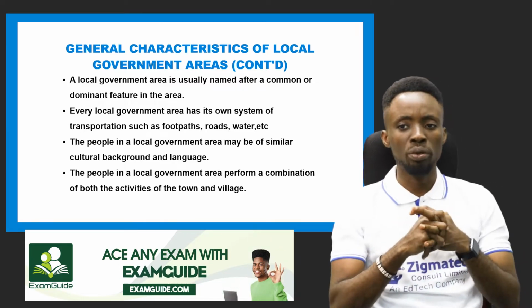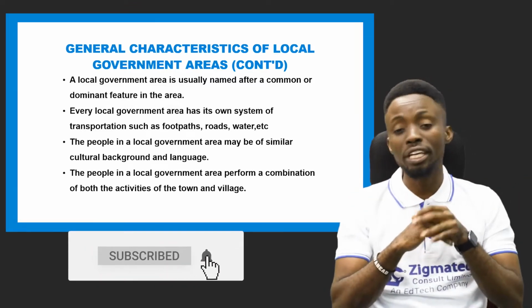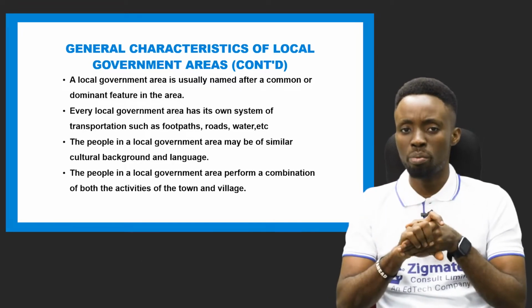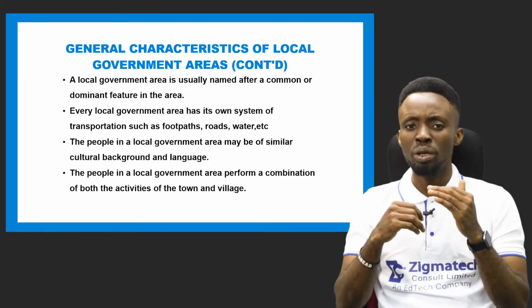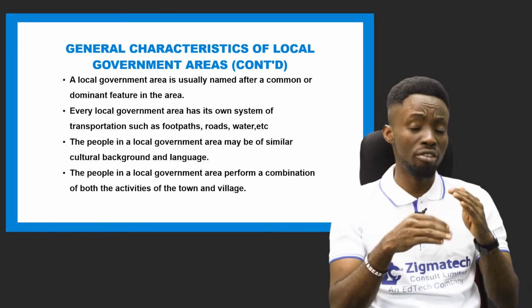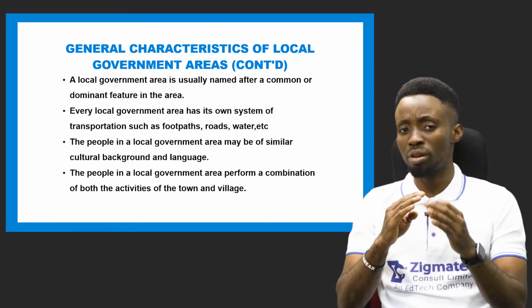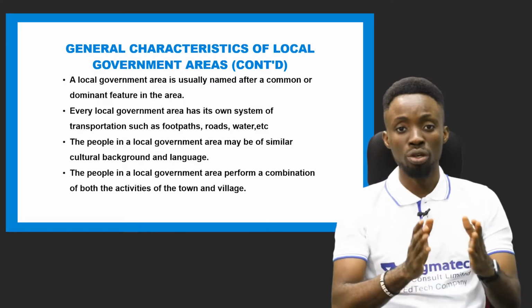And also, people in the various local government areas we have in Nigeria may be of similar cultural background. Let's take, for instance, the East: you discover that people in every local government area in the eastern states have a similar cultural background, which is synonymous with the Igbo background.